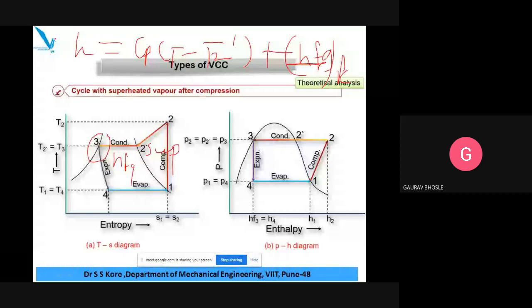Okay, we'll start from process 1 to 2. So 1 to 2 is isentropic compression. Yes, Shreyas, just tell me, what is the work supplied to a compressor during process 1 to 2 in terms of enthalpies?